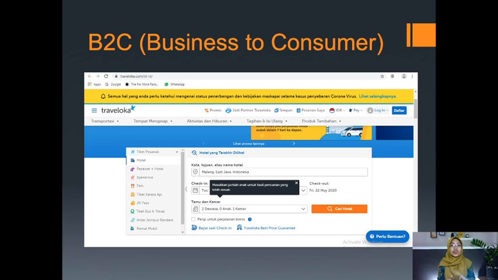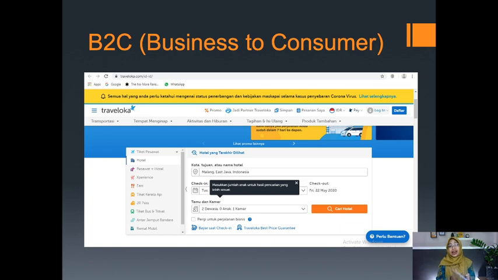I'll give you an example here. This is traveloka.com. Traveloka.com is built by a company, and this is a company website, right? It sells their service to book a hotel or to book a flight ticket.